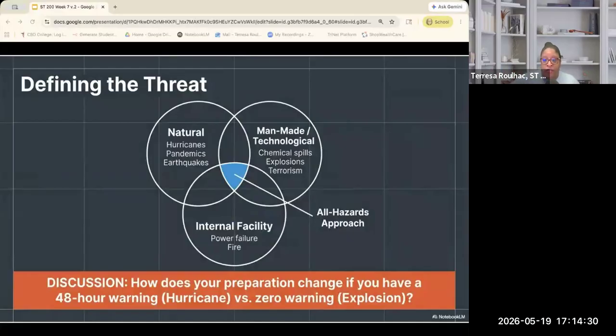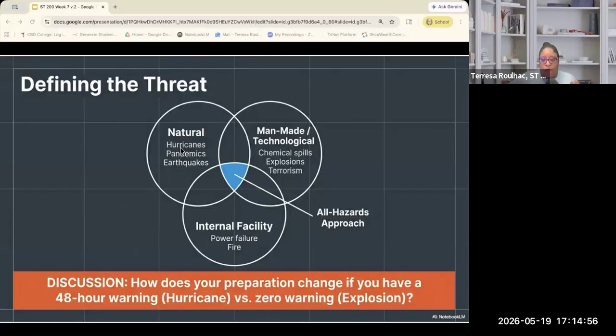Different categories, all hazard approach. We tend to think of disasters as one type of event, but healthcare systems do not prepare us for just one thing. They prepare using what's called that all hazard approach. Okay.